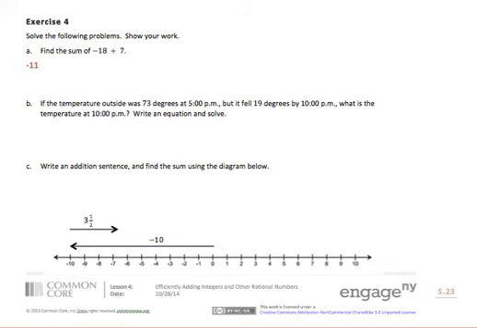So we'd be starting at 73 degrees, and we would be adding negative 19 degrees to represent the temperature falling by 10 p.m. So our equation is 73 plus negative 19. They have opposite signs, so we'll need to subtract their absolute values. And our answer will be positive because the larger absolute value is a positive number. And that will give us a positive 54.